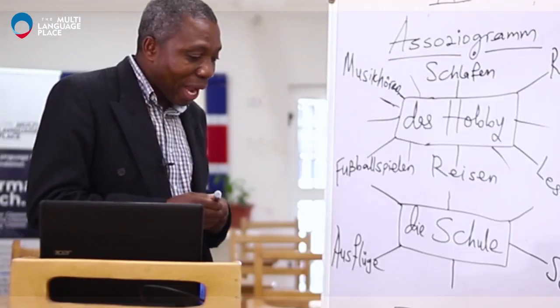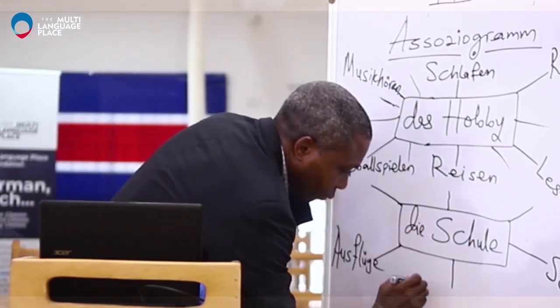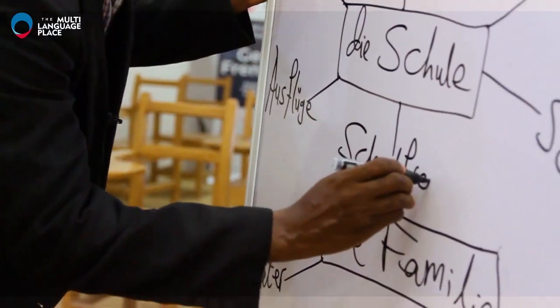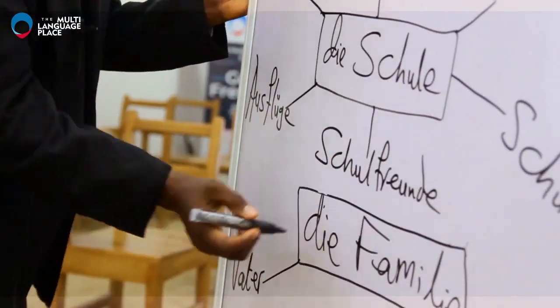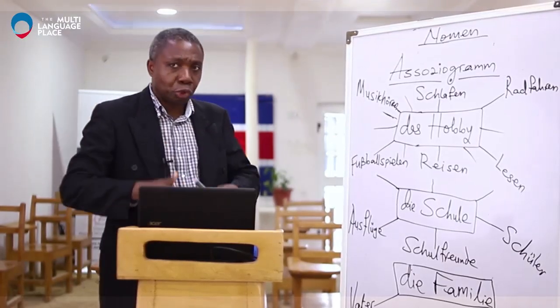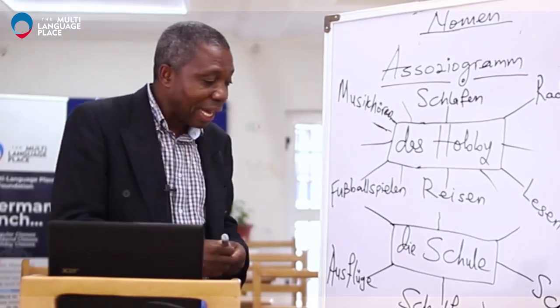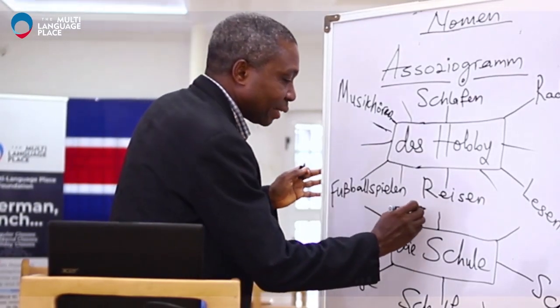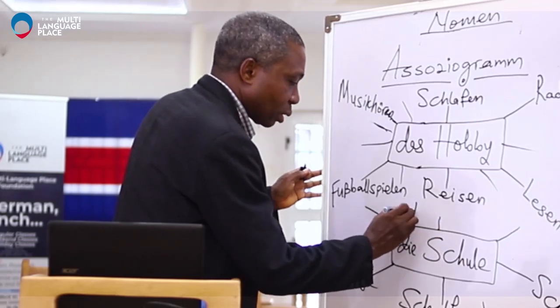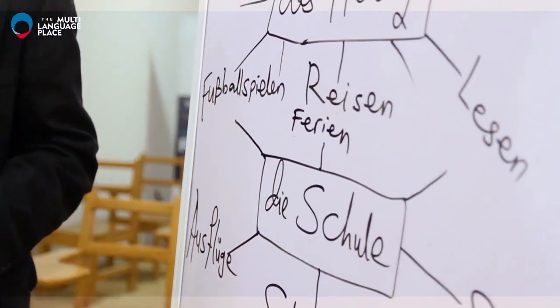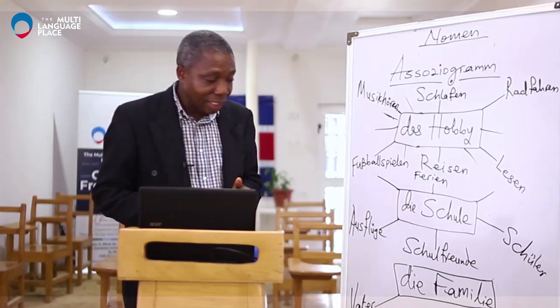And not only that, we have Schulfreunde. Definitely, if you think of Schule, you think of friends in the school. Not only that, we think of Ferien. That's the new word.